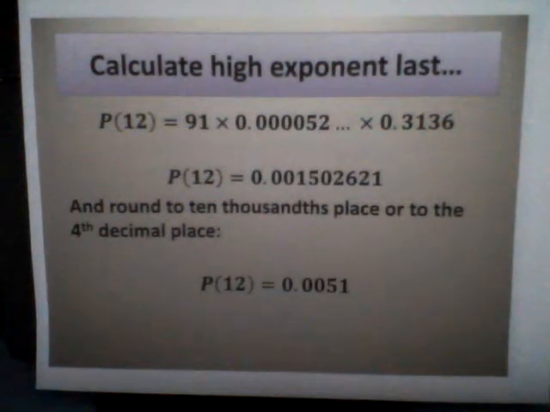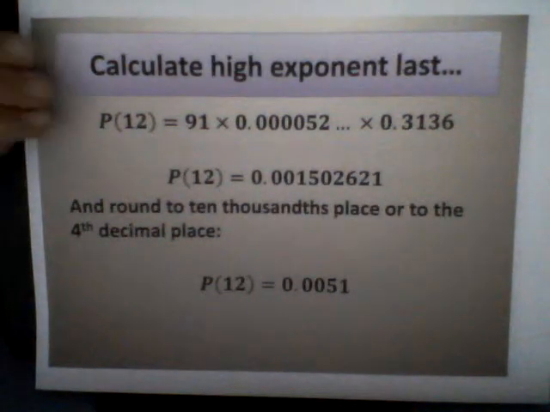And with that long number, I had to round it down to the 4th decimal point. And that ended up being P12 equals 0.0015 probability.